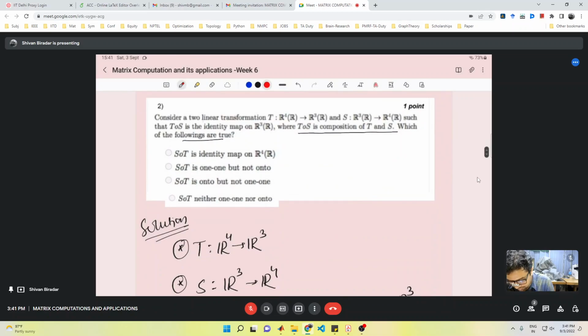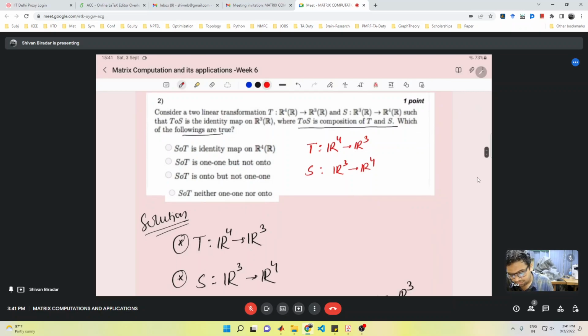Now, let us say that we have 2 linear transformations. One of the linear transformations is T, which sends R4 to R3. We have another transformation S, which sends R3 to R4.